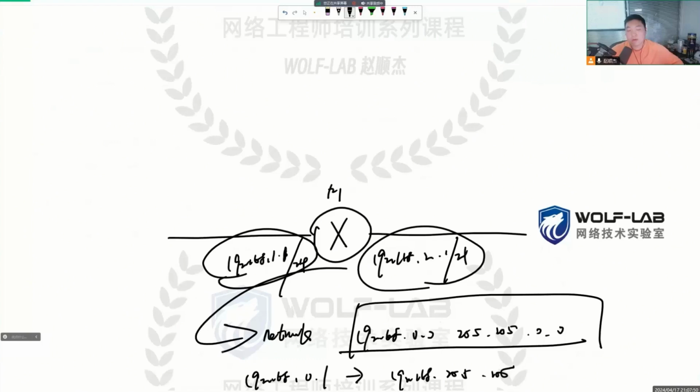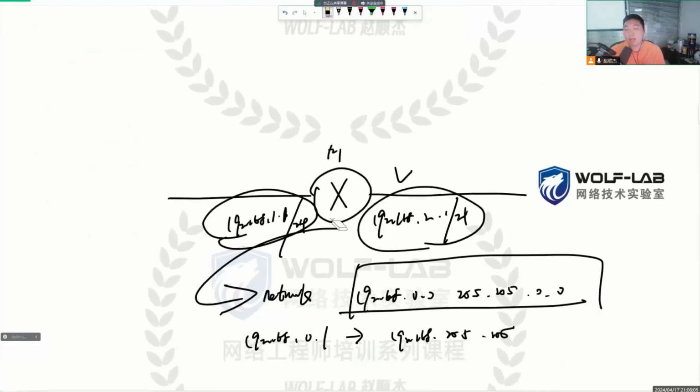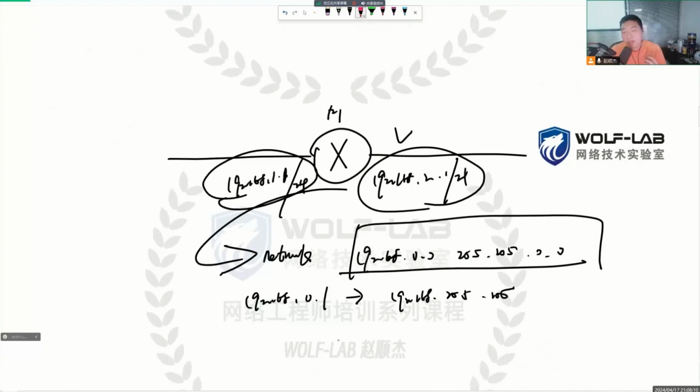Both run EIGRP. But if we limit, we use precise declaration. If the declaration is a network segment, both interfaces can run. If it's more precise, I declare network 192.168.1.0 with wildcard 0.0.0.255.